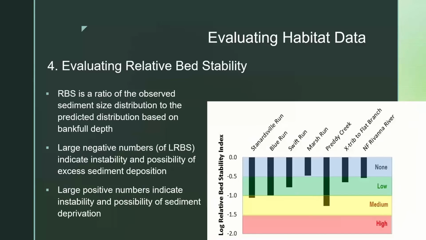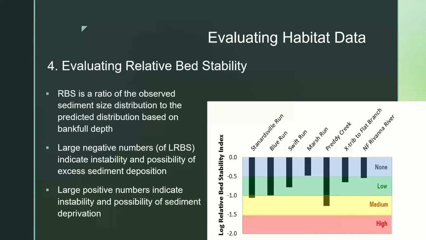The relative bed stability analysis is another useful tool for us in evaluating habitat. What the relative bed stability analysis does is take a number of different measurements, pretty intensive, not just at one location, but across a stream reach.